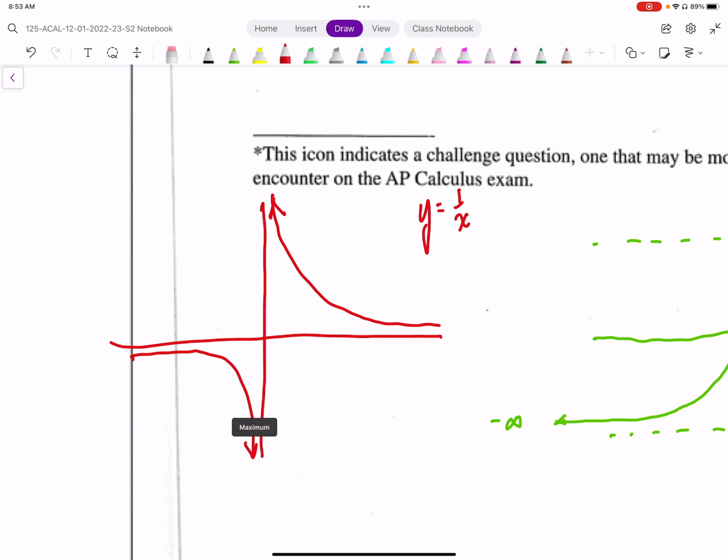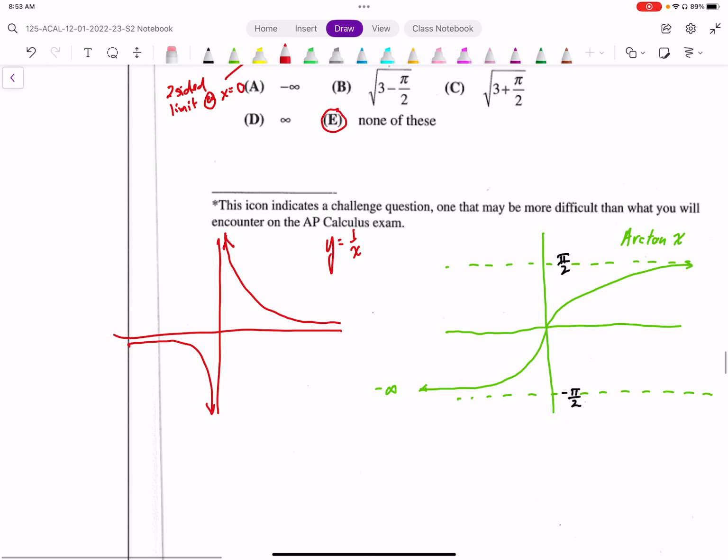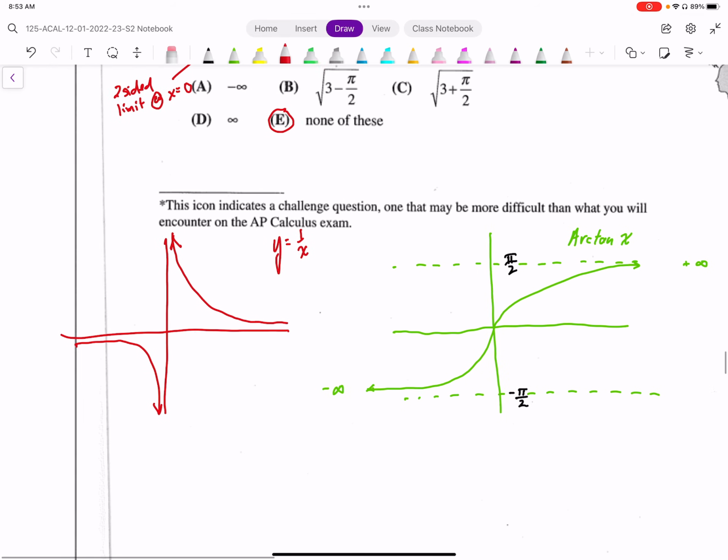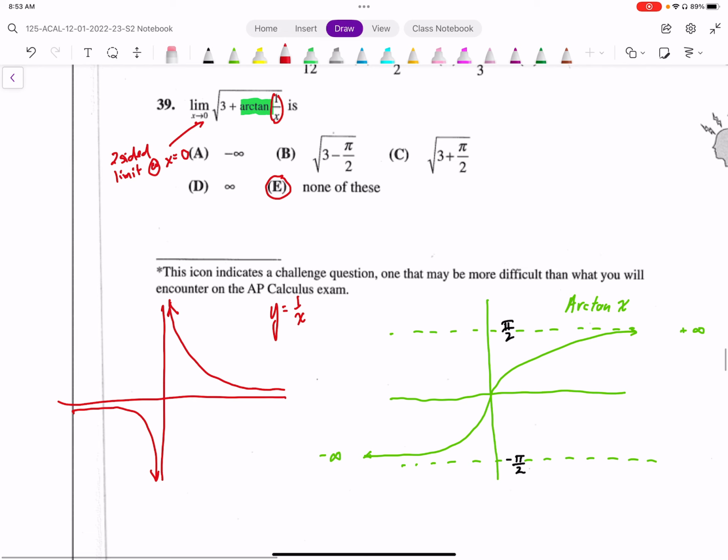So we have our 1 over x function. There is no limit at 0. However, we should take a closer look at this and hypothesize, what if it was a one-sided limit?